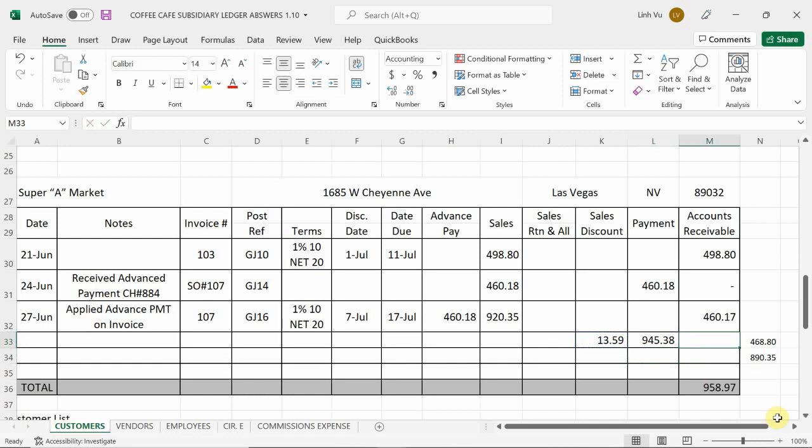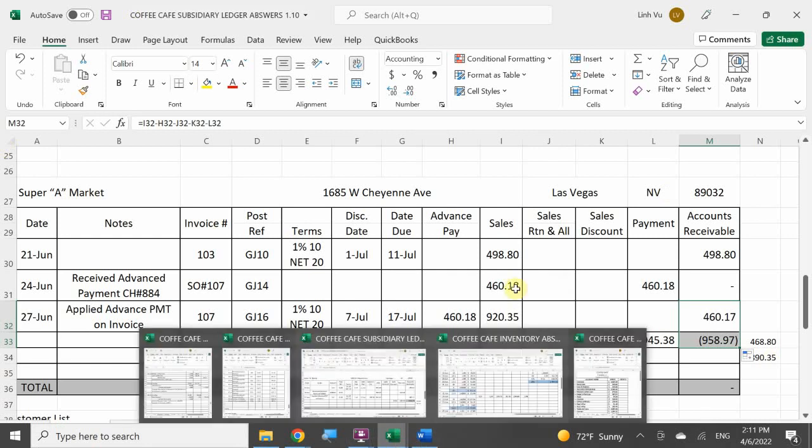So you should be receiving a total of $945.38. That means Super A Market doesn't owe you anything. They paid for everything they owed you. So $13.59 is the discount, and $945.38 is the actual payment.